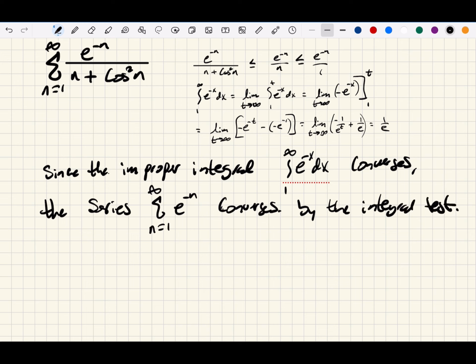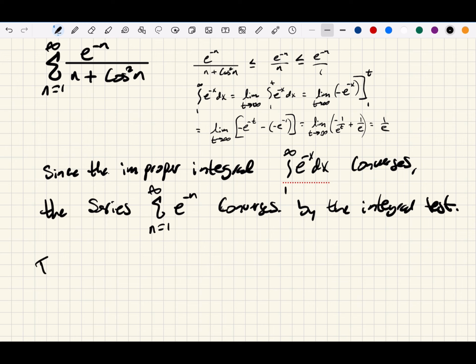Okay, so our argument's going along pretty good so far. I've got e to the minus n converging, and I have a really nice string of inequalities there, showing that our series is less than that one in all the terms, right?